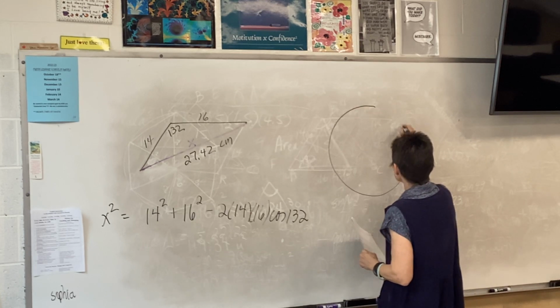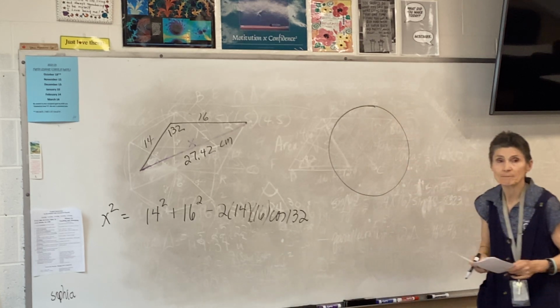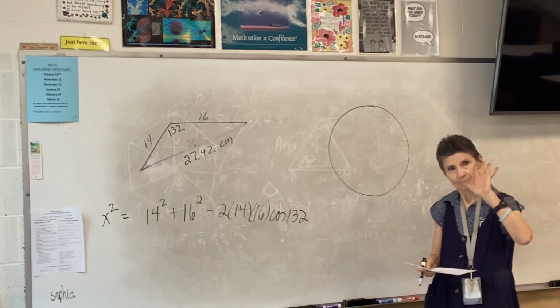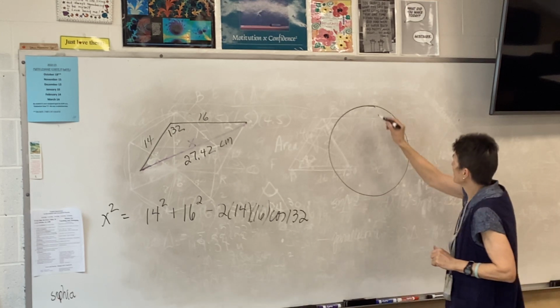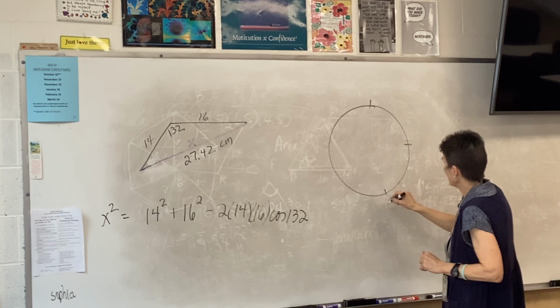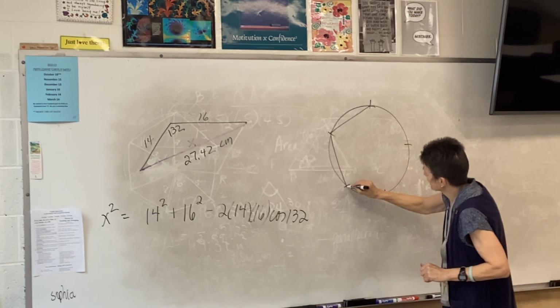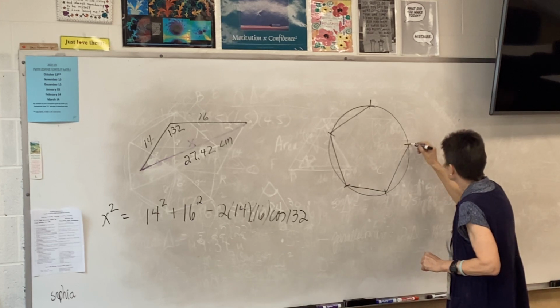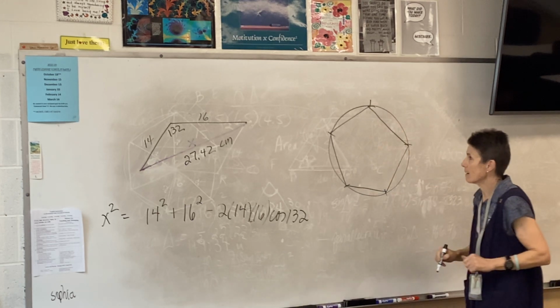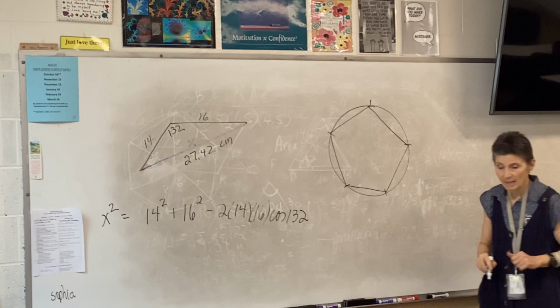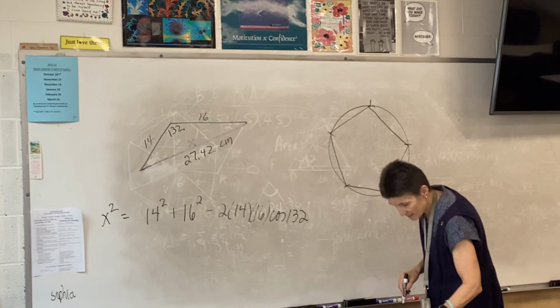So I'm going to draw my circle. Pentagon means how many sides? 5. So I'm going to make 5 hash marks as evenly spaced as I can. Nobody's grading your picture. Don't worry about it. There's my pentagon. And I know the radius is 28.